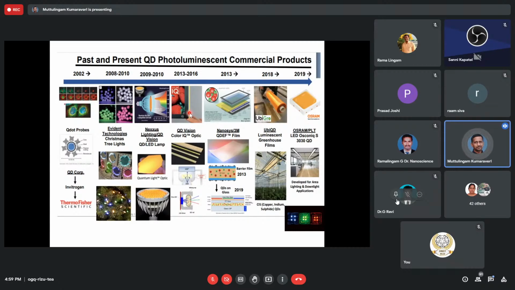The next move was Nanosys, who made a QD enhanced film. They use the quantum dots within the barrier layer. They fabricate the quantum dots and encapsulate them in the film, which they use in the LCD television.